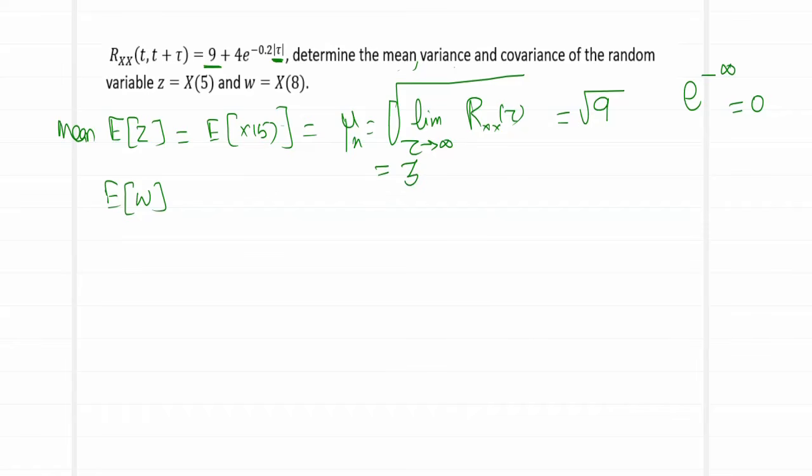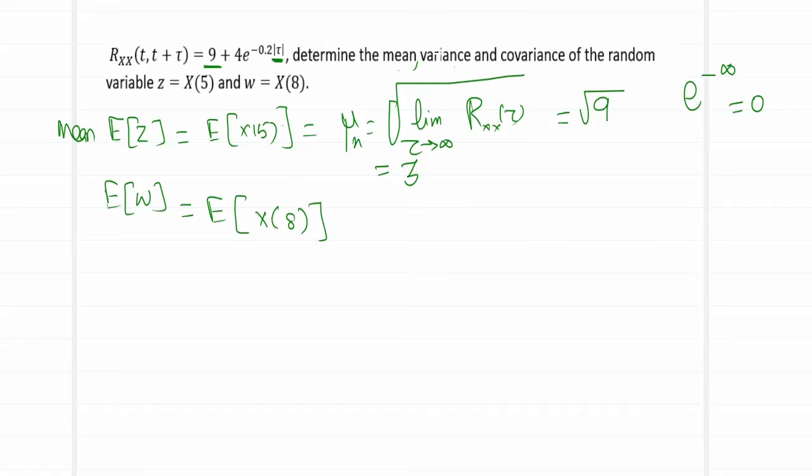Now, what will be E of W? E of W is going to be x of 8. So how actually have we estimated this x of 5? x of 5 is nothing but the time difference between them. Tau has been given as 5 to me. So this value will be the same whether we find it for the variable Z or for the variable W, that is, whether it is x of 5 or x of 8.